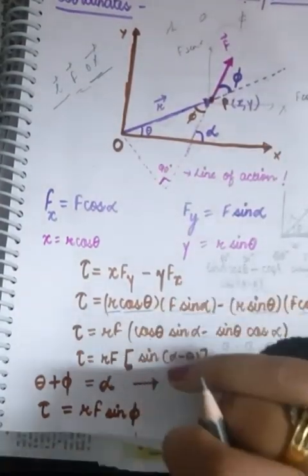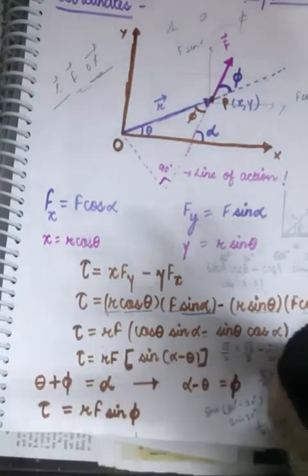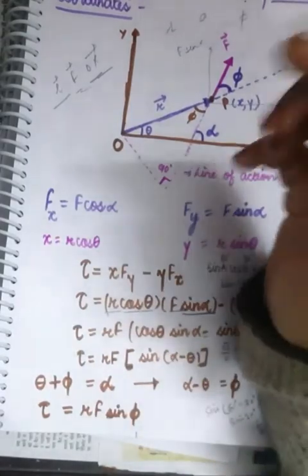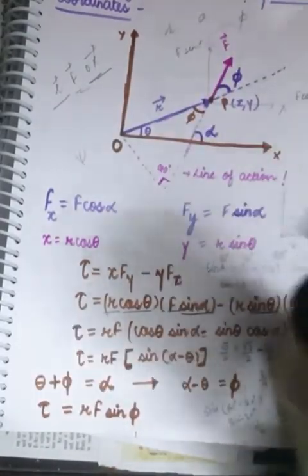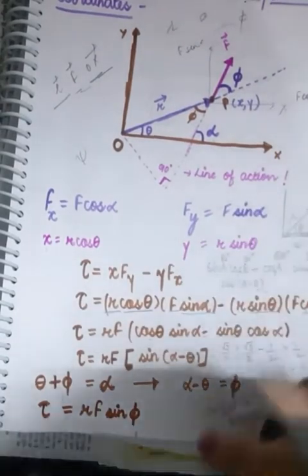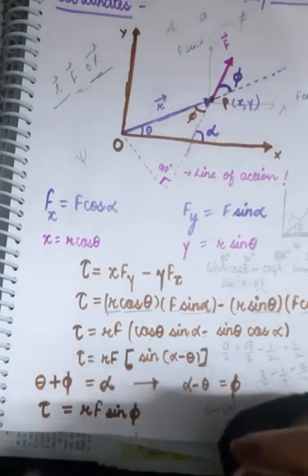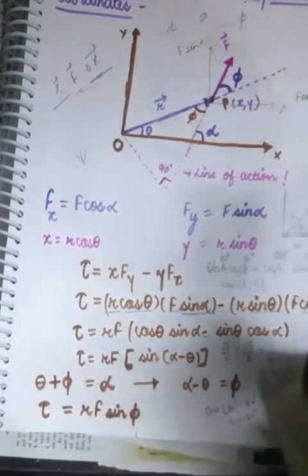I repeat, phi is that angle which r vector makes with f vector. Suppose in any numerical, instead of phi, they have given psi or anything. They can just change the name of the angle, but keep in mind that in the expression of torque, the angle which is involved is always made between R and F, right?